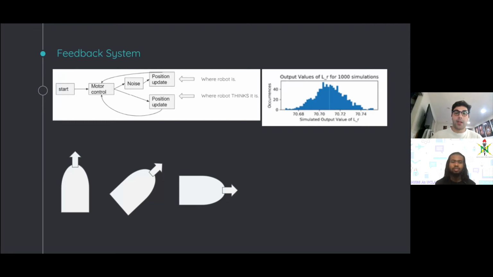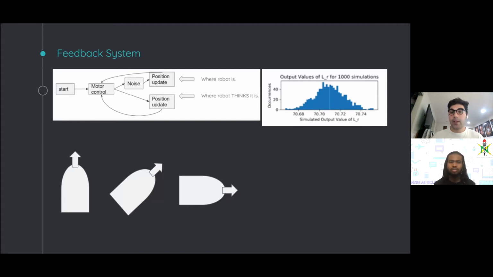And this is a flowchart of the feedback system that we have. There are 2 different locations used in the feedback system: one is where the robot actually is, and the other is where the robot thinks it is. We use both of these locations to understand whether or not the robot needs to correct itself on its path.